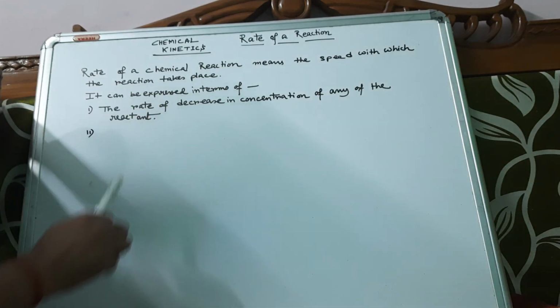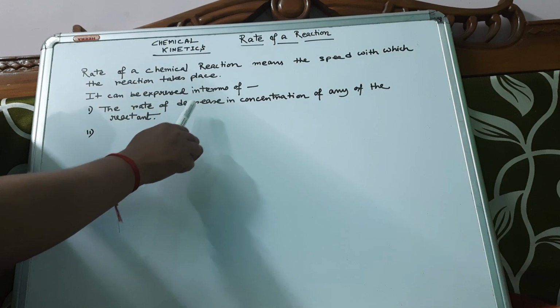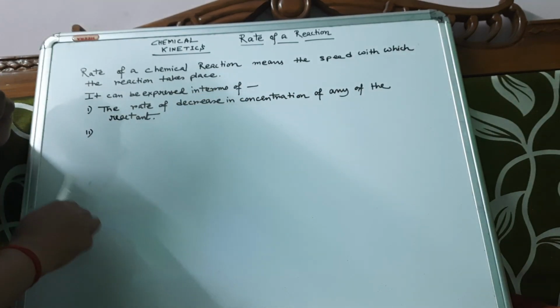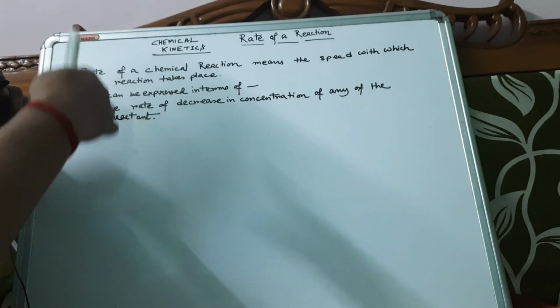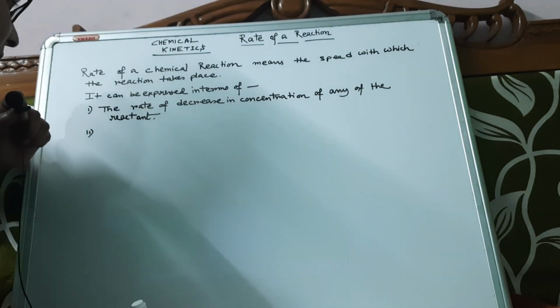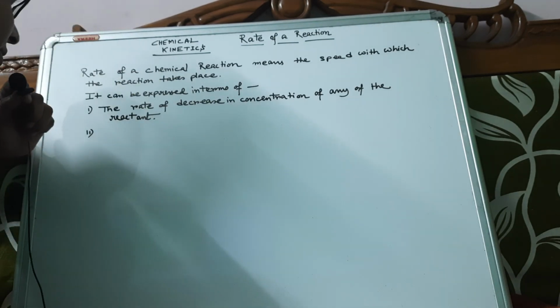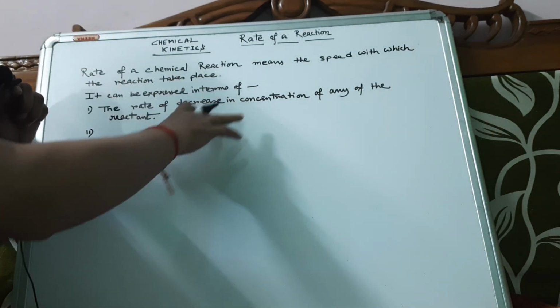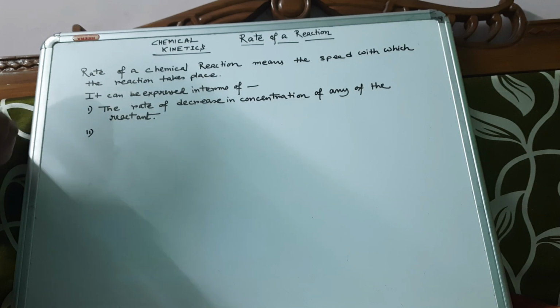So the rate can be described in terms of the change of concentration of reactant, and we all know the reactants are consumed in a chemical reaction, so its concentration gradually decreases with time. So rate can be expressed as the decrease of concentration of any of the reactants.